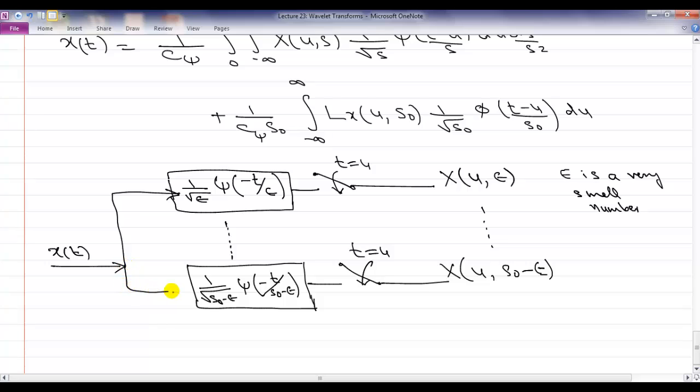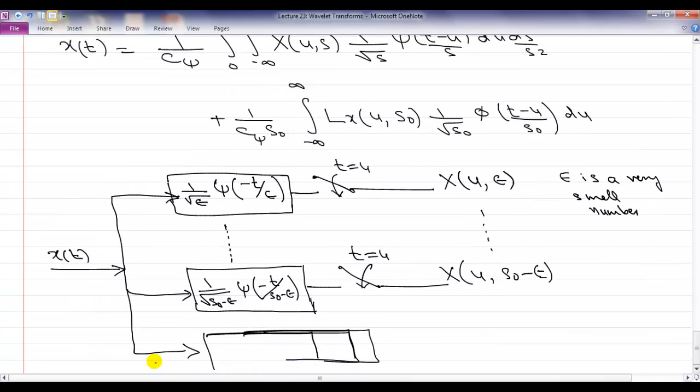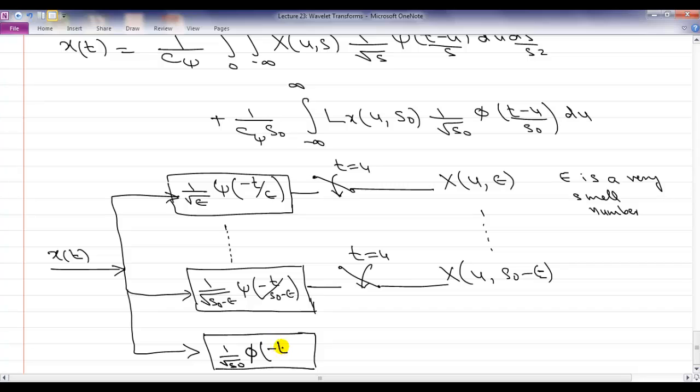And at s naught, you stop, and the final thing is the low-pass filter. At the very end, after you have stopped calculating your different scales, you have the low-pass filter, which effectively involves filtering with the scaling function of minus t over s naught, and you get Lx of u, s naught.